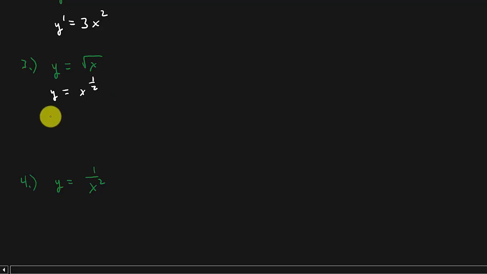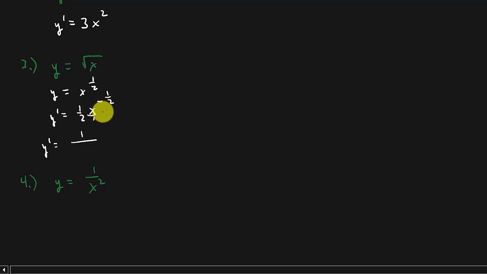So now we can say that y prime is equal to 1/2, so the 1/2 comes down, times x, and then we subtract 1 from the exponent. So 1/2 minus 1 is negative 1/2. And then we can make this exponent positive. So y prime is equal to 1 over. So do you remember this x to the negative 1/2?